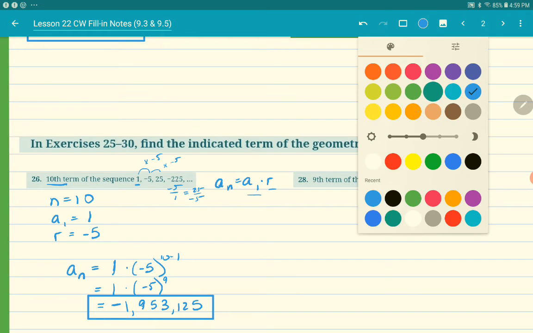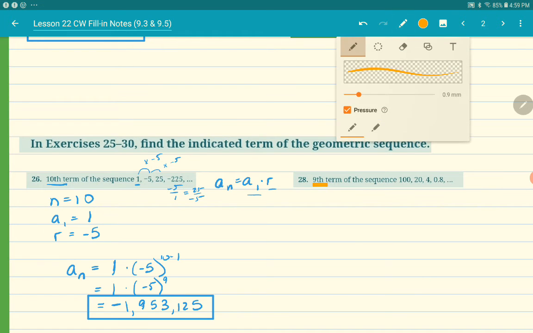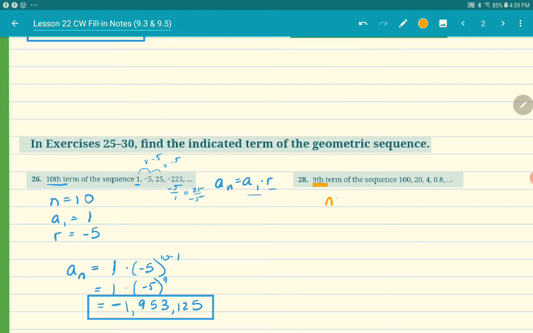Now 28. So we want the 9th term this time. So that means n equals 9. a1 is my first term, which is 100. And r, I should probably have checked that it's a geometric sequence before I do this, but let's see. My common ratio here should be 100 over 20, which is 5.